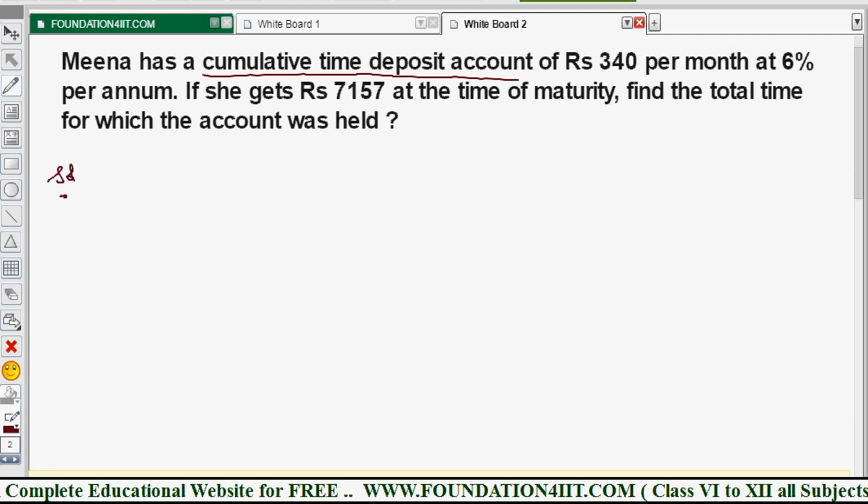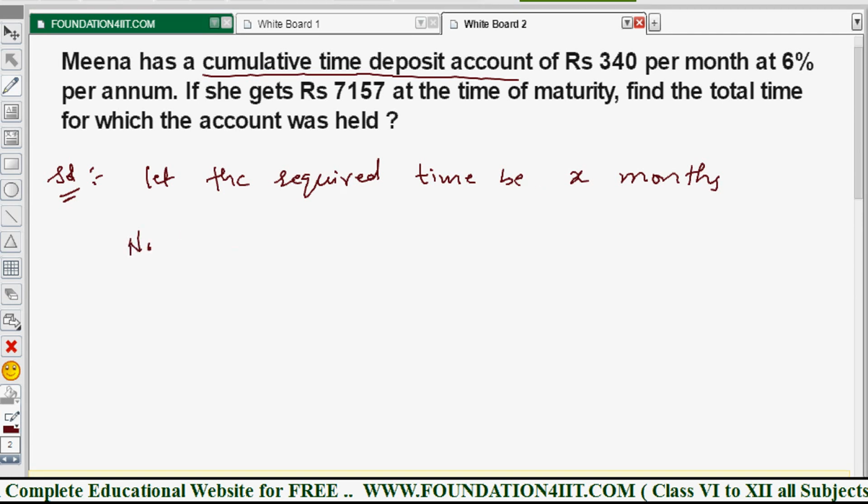Let us take the given data and apply it in the formula. Let the required time be x months, or n months. I'm taking x. Let the required time be x months; the number of months is x, which we need to find.